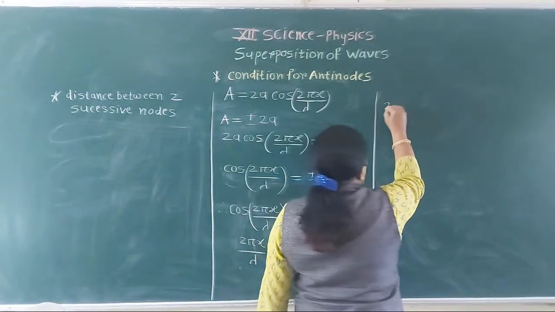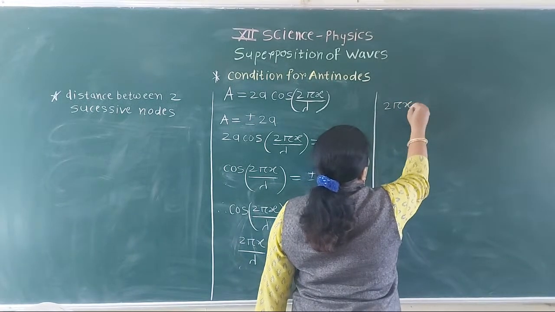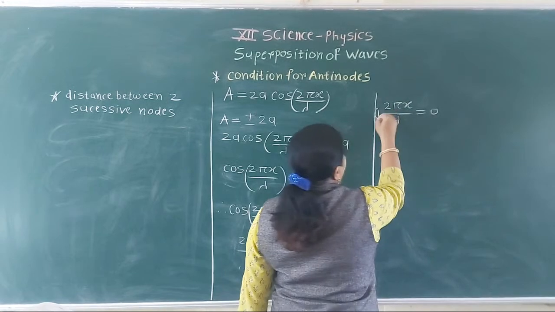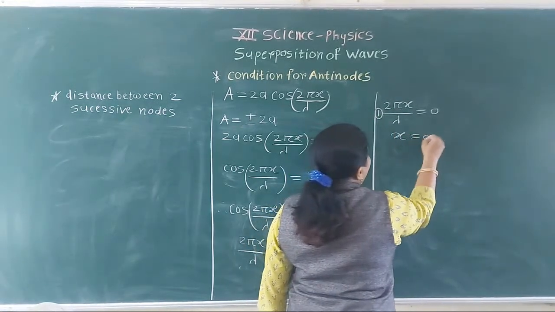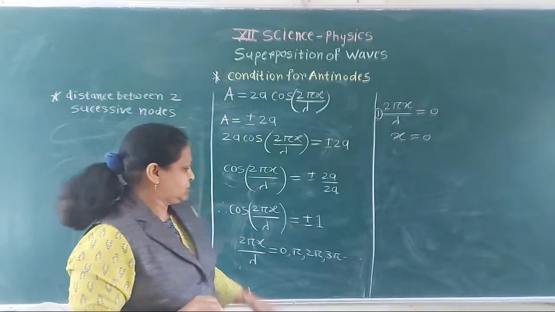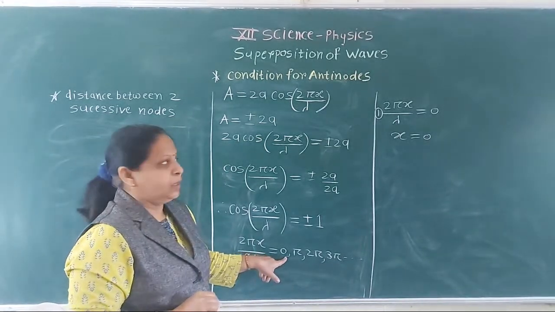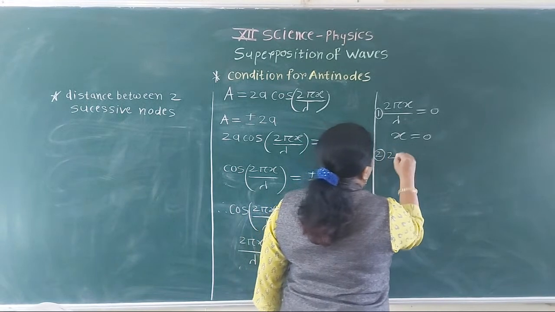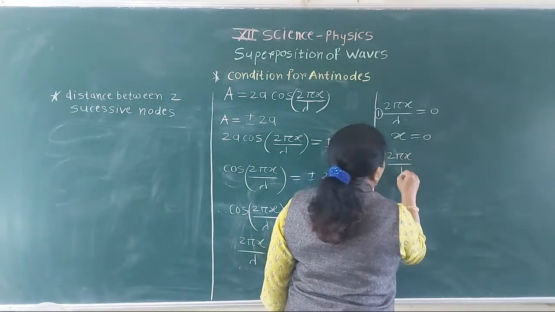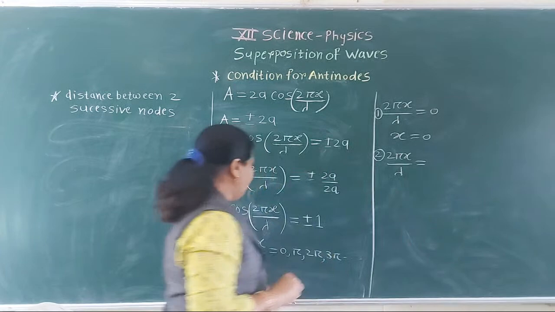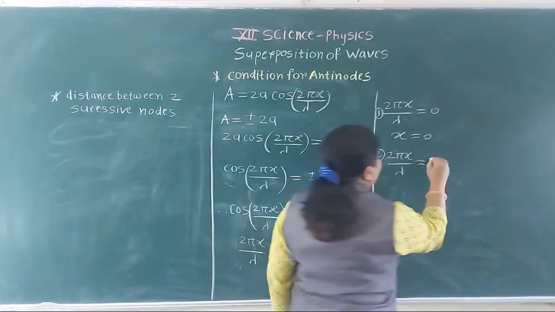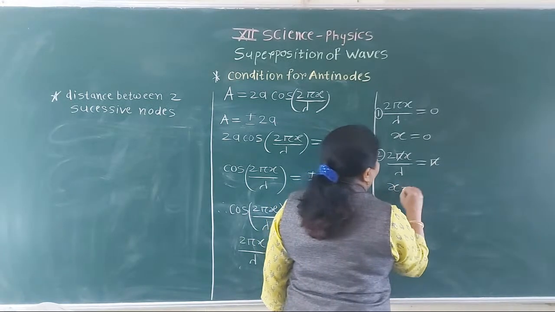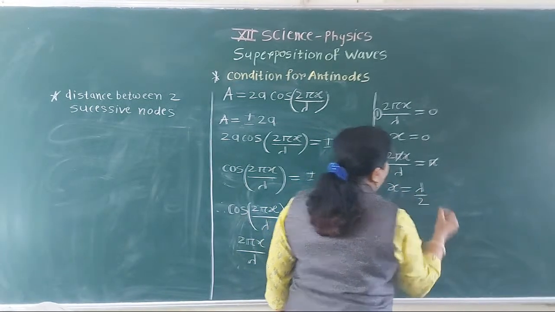Then 2 pi x upon lambda is equal to 0, therefore x is equal to 0. In the next example, 2 pi x upon lambda is equal to pi. Then pi gets cancelled and we get x is equal to lambda by 2.